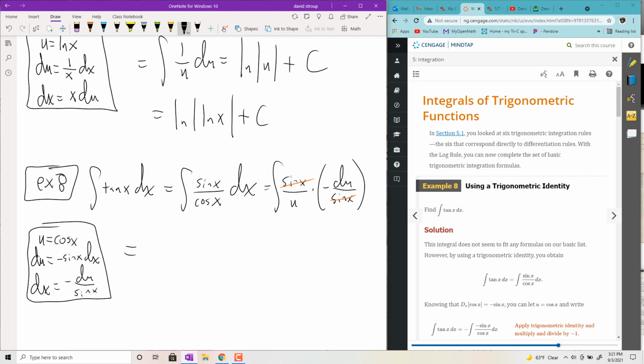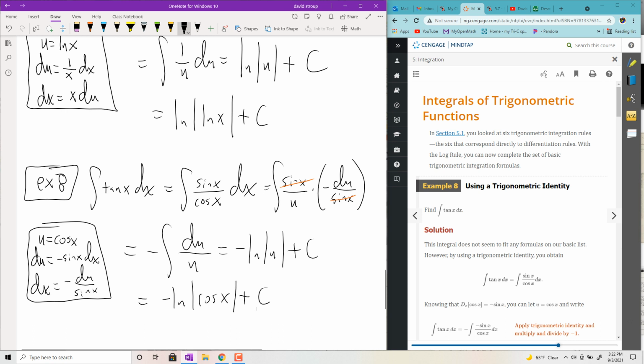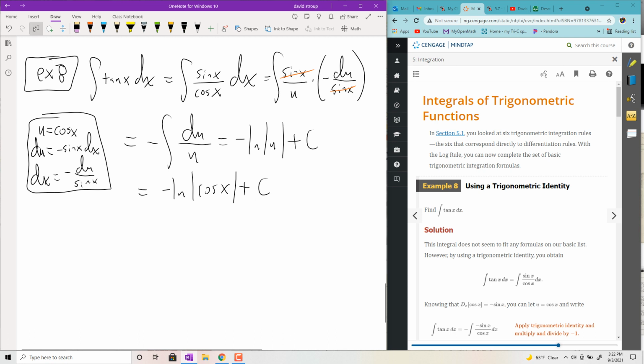You can factor out a negative, and you get du all over u. And so that's negative ln absolute value of u plus c, which is then equal to negative ln absolute value of cosine of x plus c. Sometimes you don't see that form. In some books, what they do is use the log rule to take this negative and put it in as an exponent on the cosine.